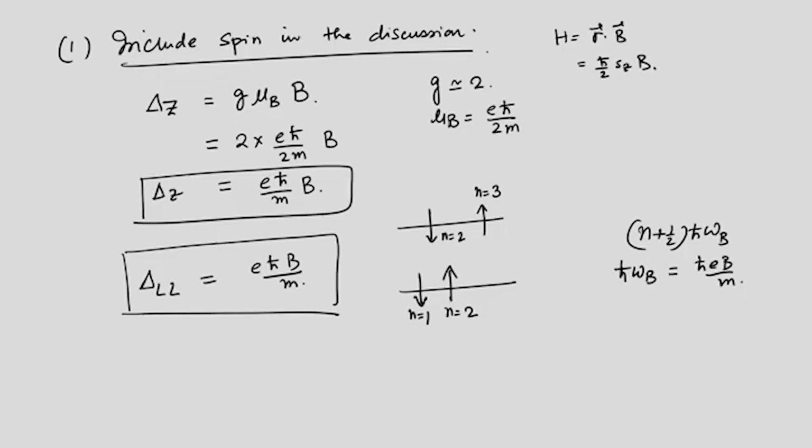However, this is really a back of the envelope calculation. It doesn't happen. So for example, in gallium arsenide, when these spins are taken into account, the Zeeman energy, that is delta Z, is typically 70 times smaller than the Landau level energies.